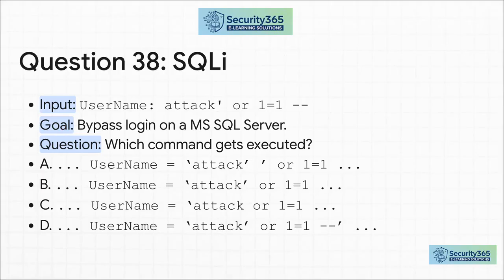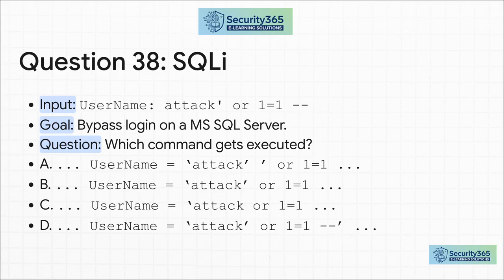This is a classic example of SQL injection. The goal here is simple: log in without needing a password. So let's dissect the payload the attacker entered. Attack' or 1=1 --. First, that single quote after the word attack is there to close the username string field. Then the statement or 1=1 is added.